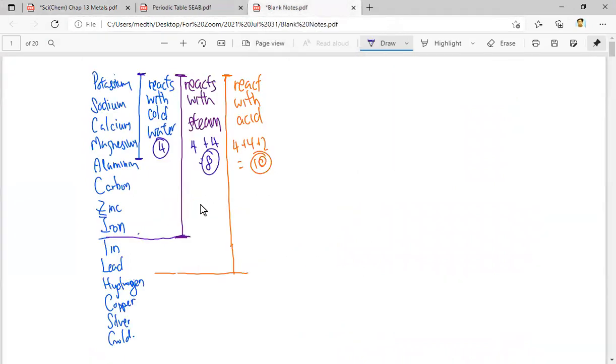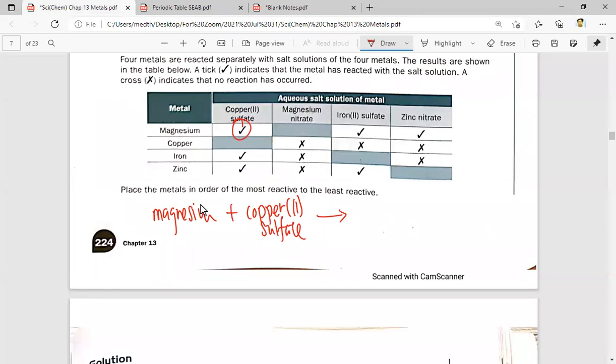Go back to here, and realize magnesium is number 4 in this whole series, whereas copper is number 12 in the reactivity series. So obviously magnesium is higher. So magnesium will kick copper out. Copper will now be stranded on its own, and magnesium will be attached to the sulfate.